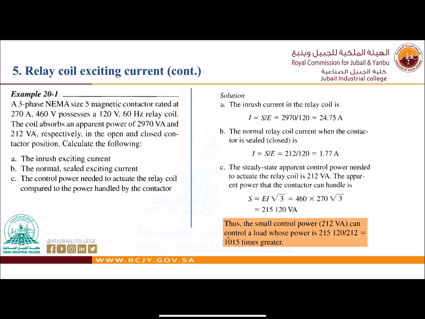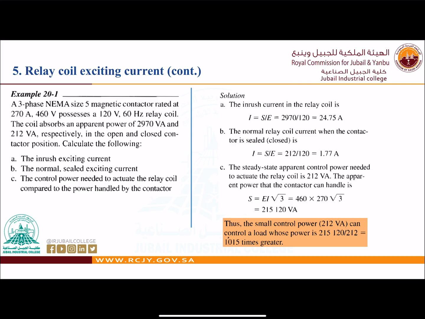So I is equal to S divided by E. We need to take S, the apparent power in the open contactor position, divided by the voltage of the coil itself, 120 volt. So 2970 divided by 120 is equal to 24.75 ampere. Now, the normal relay coil current when the contactor is sealed, closed.